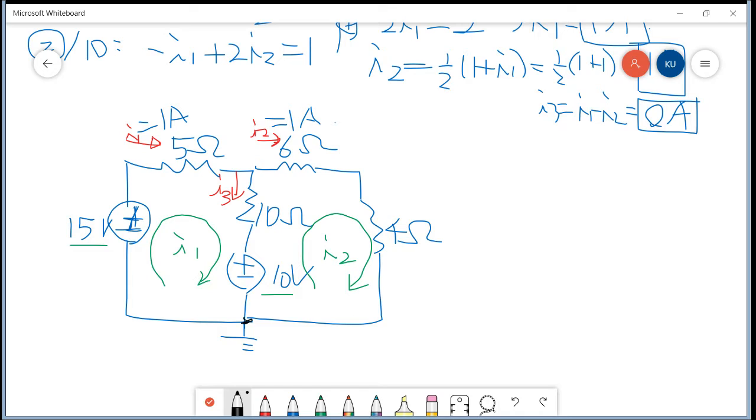So this is ground, so this is 0 volt. No doubt, this one is 10 volt. So it should be 10 volt here, 10 volt here. And this one 0 volt, 0 volt plus 15. So this is 15 volt.